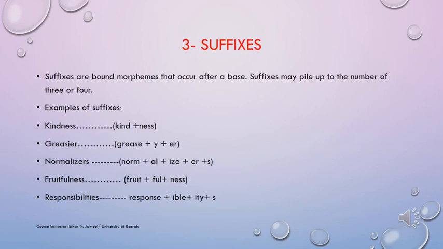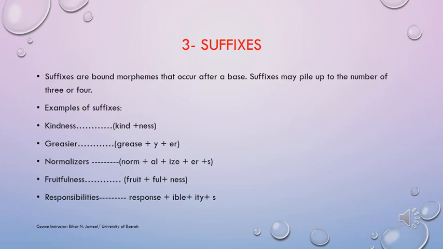Normalizers. Normalizers consist of 5 morphemes: norm, al, ize, er, and s. Norm is a free morpheme. Al, ize, er, and s are bound morphemes. They cannot be uttered alone with meaning. Norm is a base.